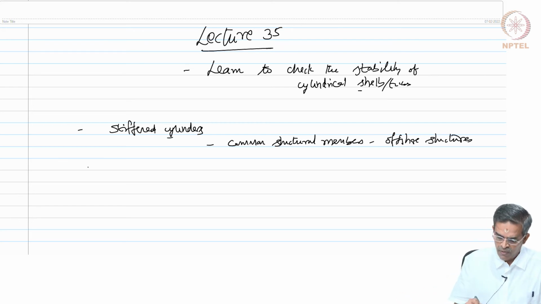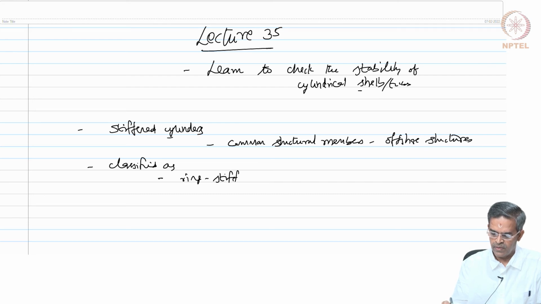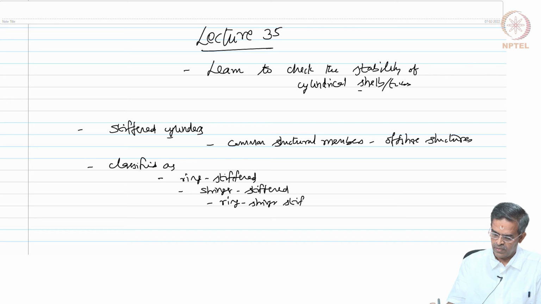They can be classified as ring stiffened, stringer stiffened, and ring stringer stiffened cylinders.